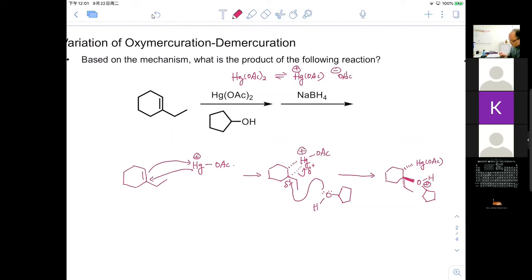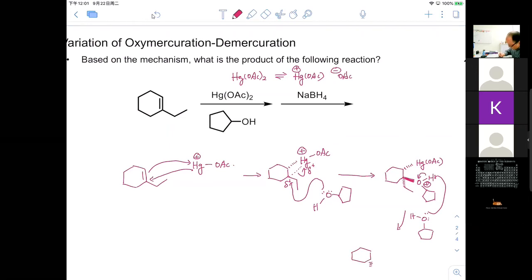So after this addition of the nucleophile, just like the hydration reaction, we have another molecule of the alcohol deprotonate here. Then we have the product of the first step, the oxymercuration.